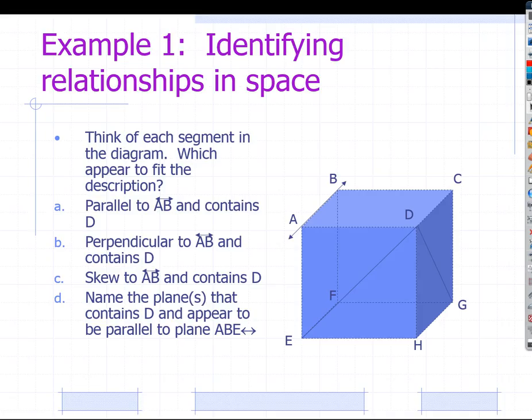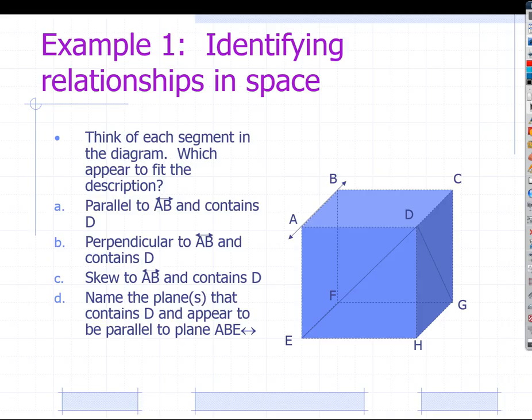Line segment DC. Or line DC, right? Does that make sense? So line DC would be parallel and it contains D. Everybody sees that. Any questions on that? Okay.